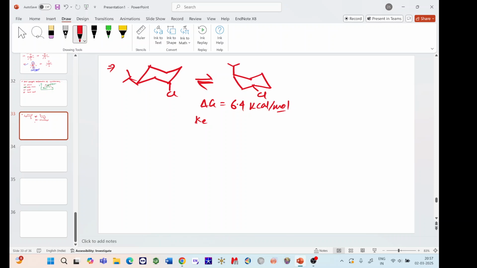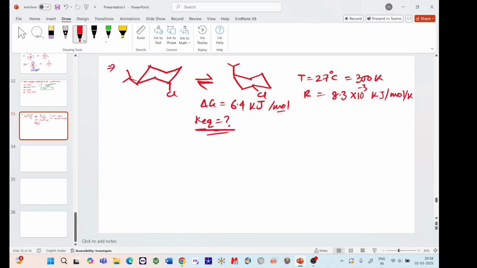You need to calculate the K equilibrium. Given T is equal to 27 degrees C or 300 Kelvin, and R is 8.3 into 10 to the power minus 3 kilojoule per mole per Kelvin. So you need to answer the K equilibrium value.